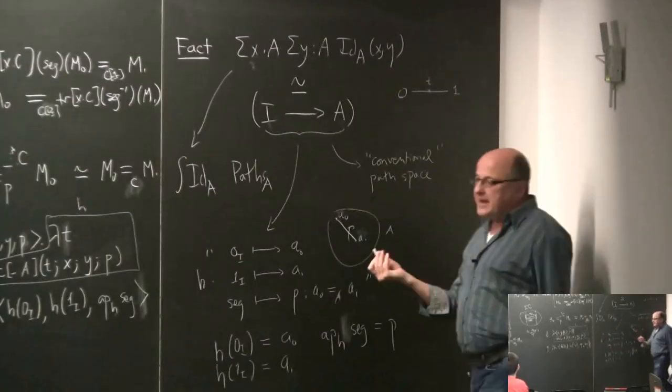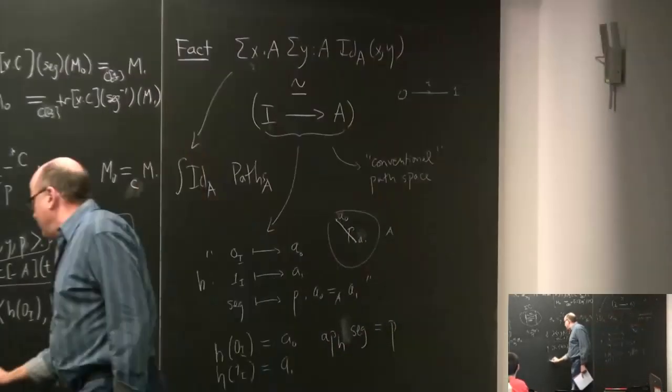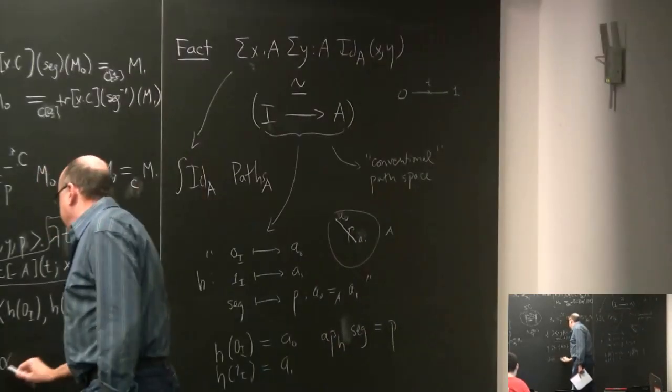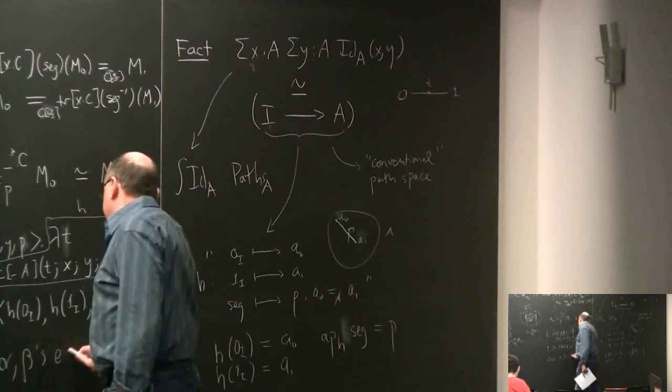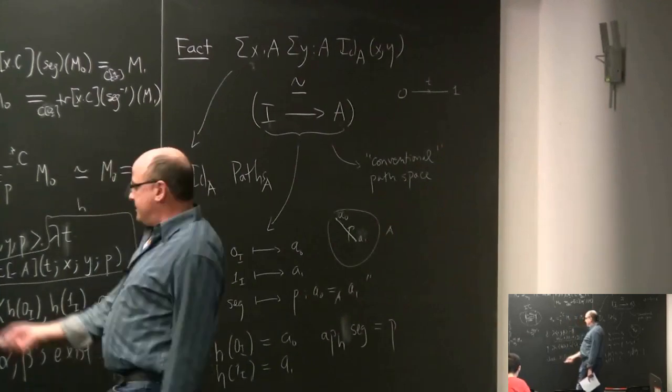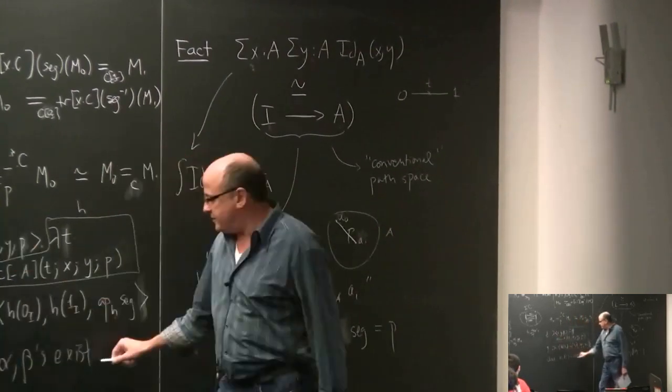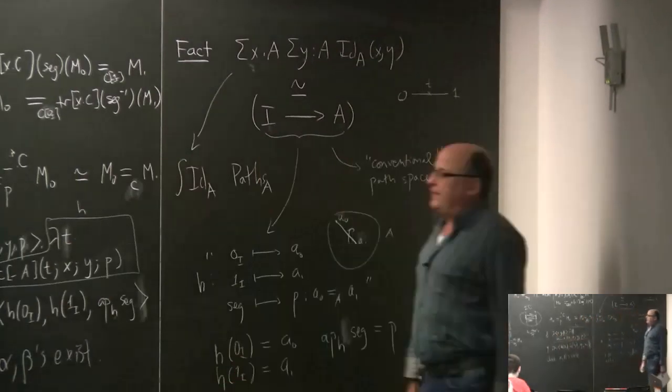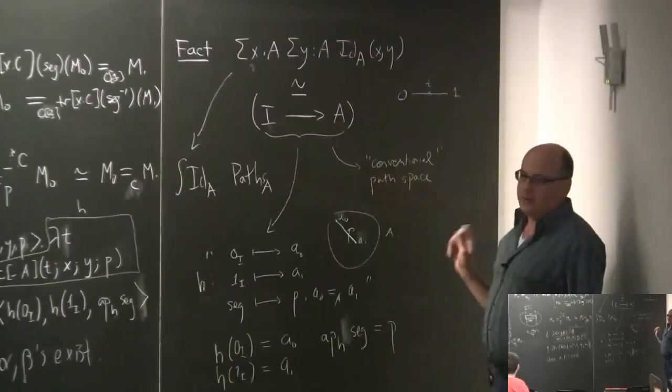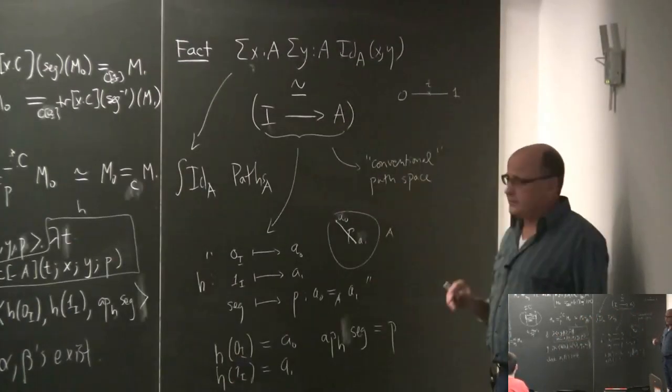And then I'll leave it as a homework thing, you can check that the required alpha and betas exist to show that this, with these data, is quasi-inverse of that, and then that establishes the equivalence that I wanted to mention.